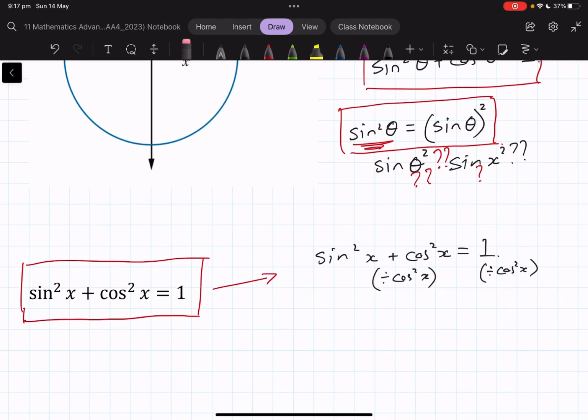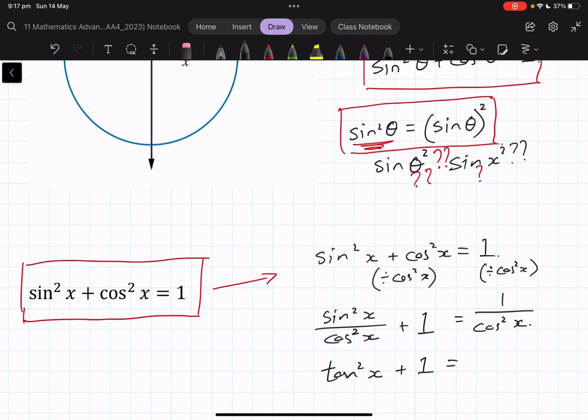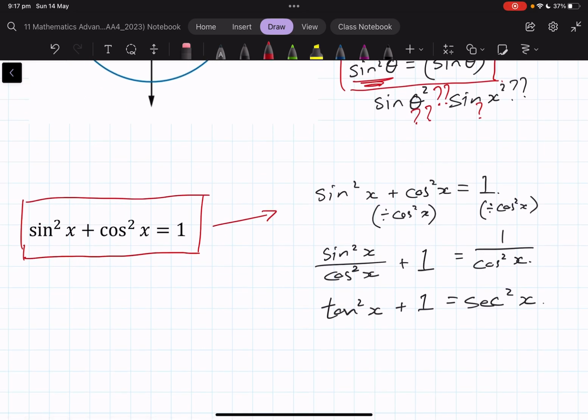Sine squared x over cos squared x plus, now cos squared divided by cos squared is 1, equals 1 over cos squared x. Sine over cos is tan. Tan squared x plus 1 is equal to 1 over cos is sec. Sec squared x.